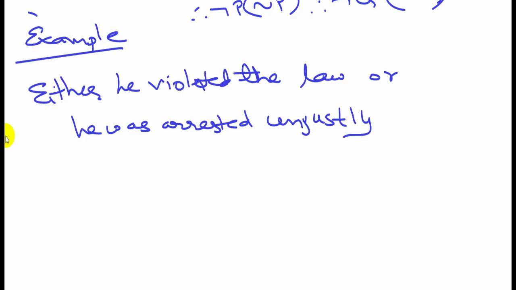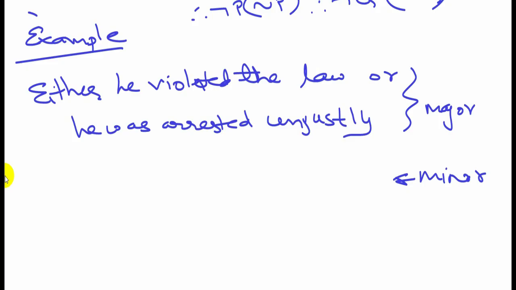This is the major premise. Now we have the minor, and the minor will affirm, right? The minor will affirm either of the two alternatives. That is, he did violate the law. If he has violated the law, then the other can be denied, that he was not arrested unjustly.